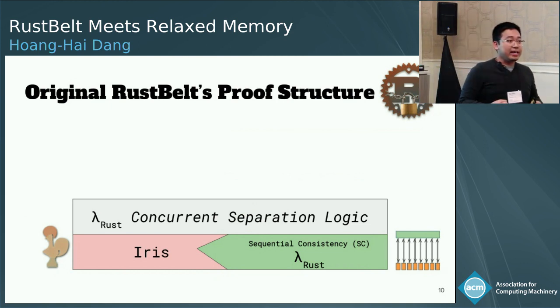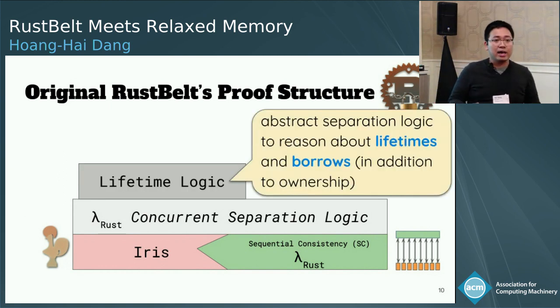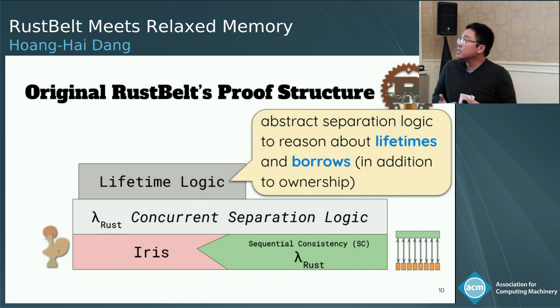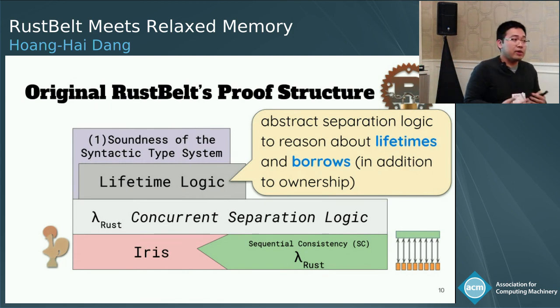They then built another, more abstract separation logic on top of this, called the lifetime logic, which allows you to reason not just about ownership, but also about lifetimes and borrows, which are key components of the Rust type system. They then used that lifetime logic to prove the soundness theorem of the syntactic type system.